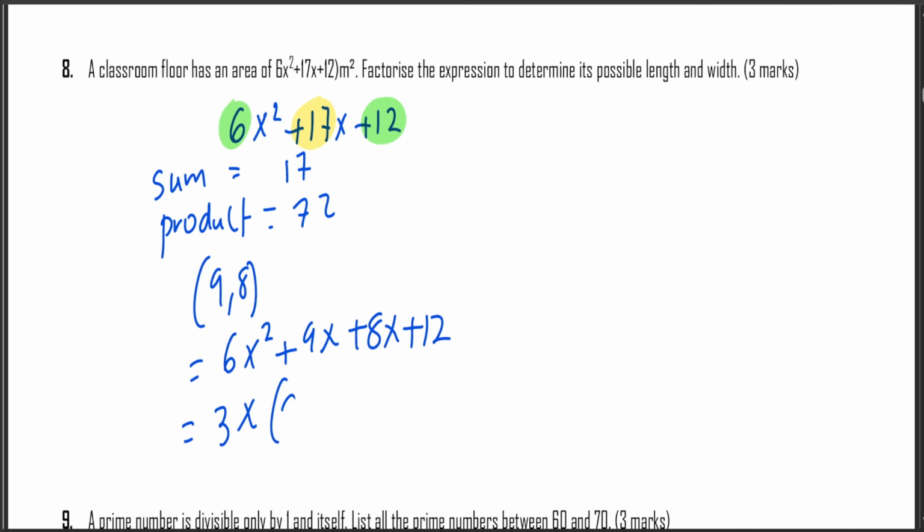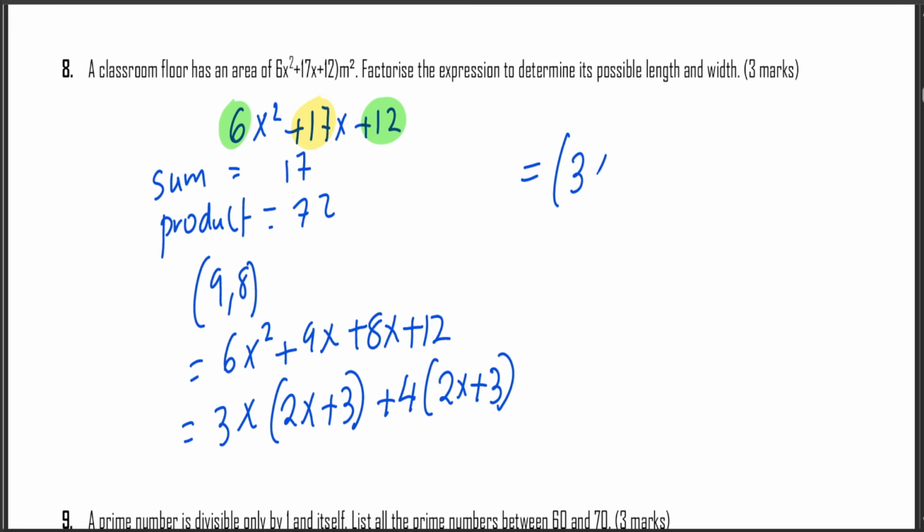So in brackets it is going to be 2x plus 3. The common factor in the second group is 4, not x, but 4. And you'll get 2x plus 3 as well. So you'll put it together, and therefore you'll get this as your answer. You'll get 3x plus 4 into bracket 2x plus 3.